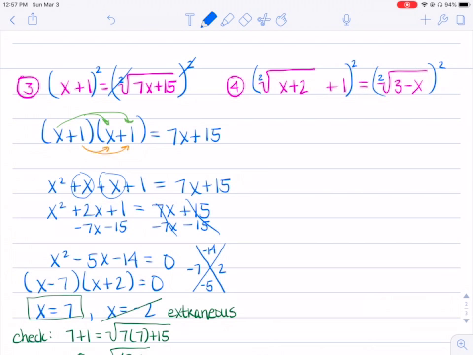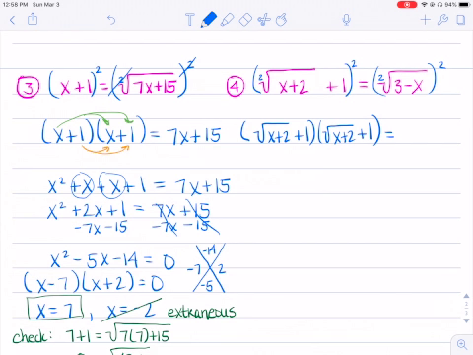Okay, so if we have something with more than one term that we are squaring, that means we got to do kind of like we did on the last problem and expand it. So we have the square root of x plus 2 plus 1, and then we're multiplying it by itself. Square root of x plus 2 plus 1.